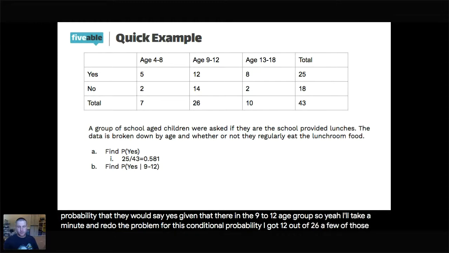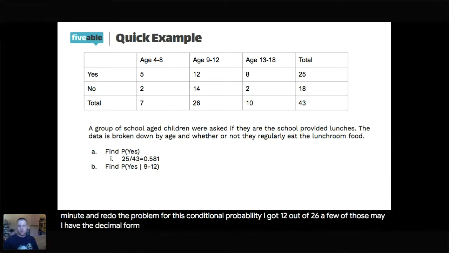A few of those. You may have the decimal form, 0.46. Yep, sounds like a little bit less than half. Okay, good deal. Yes, that would be it.